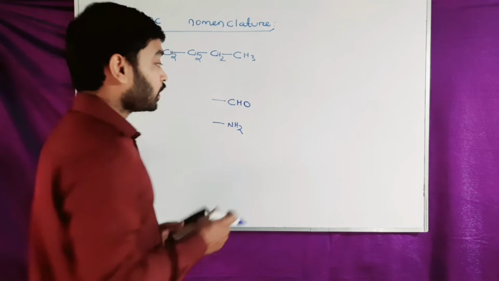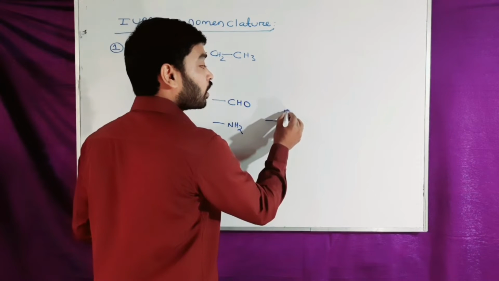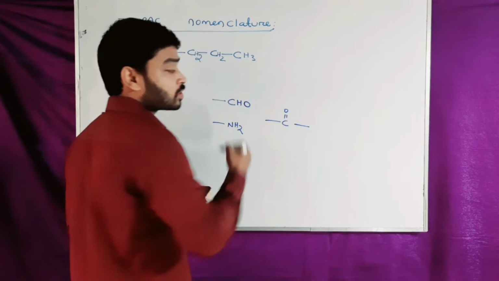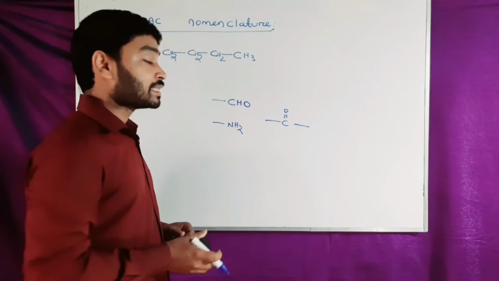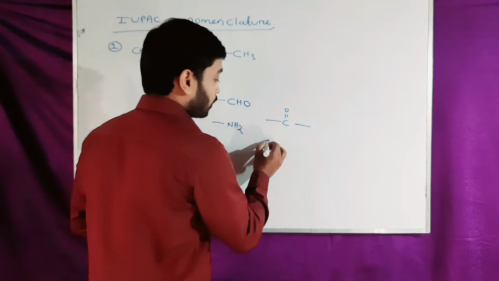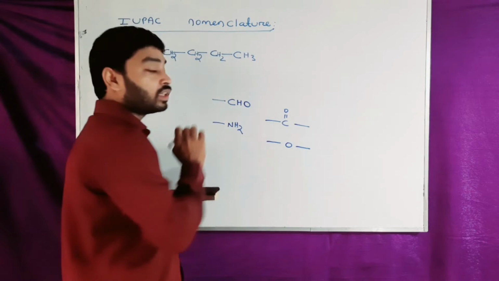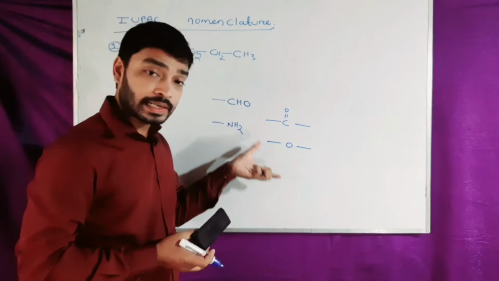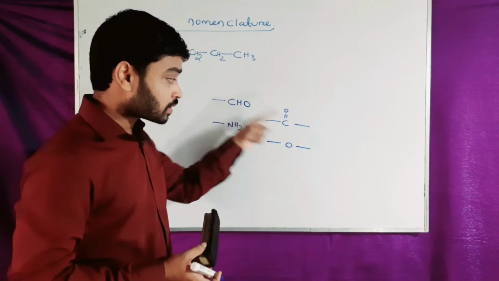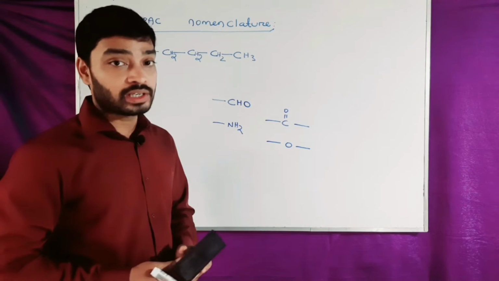Similarly, for the divalent case, you know that carbon with oxygen here also expresses one functional group, that is, the ketone. Similarly, for only oxygen, it is the ether. So you should have a complete idea of the functional groups before going for any nomenclature.